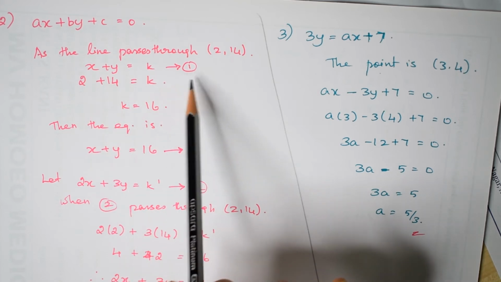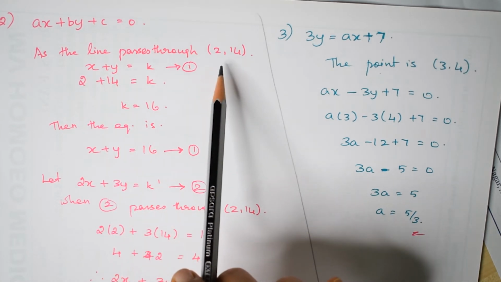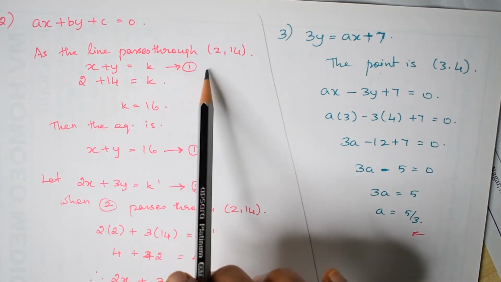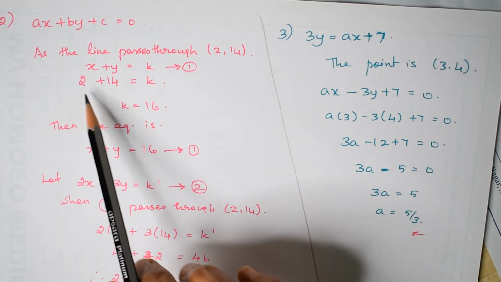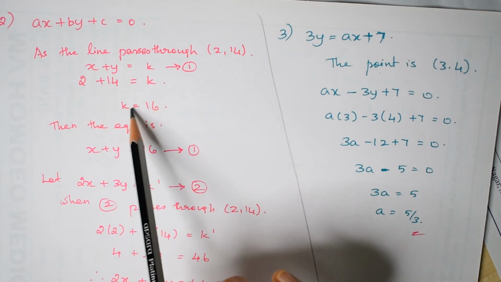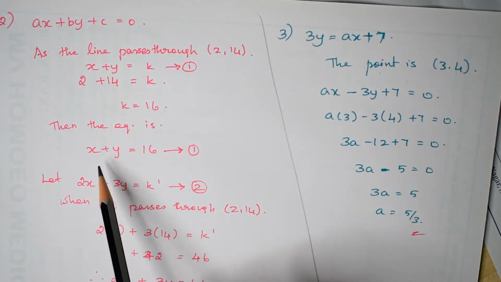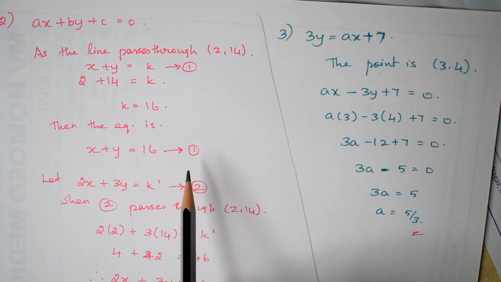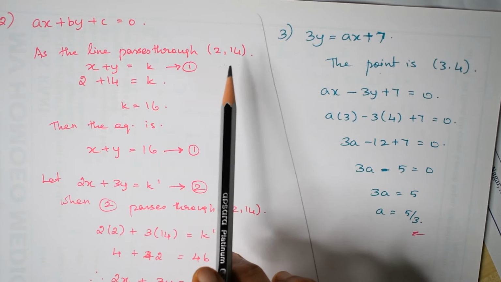I am going to substitute the values of x and y, because the line is passing through this point. So I am giving the values 2 and 14. The equation becomes 2 plus 14 is equal to k, and k's value is 16. So the original equation becomes x plus y is equal to 16. This is one of the lines which passes through (2, 14).